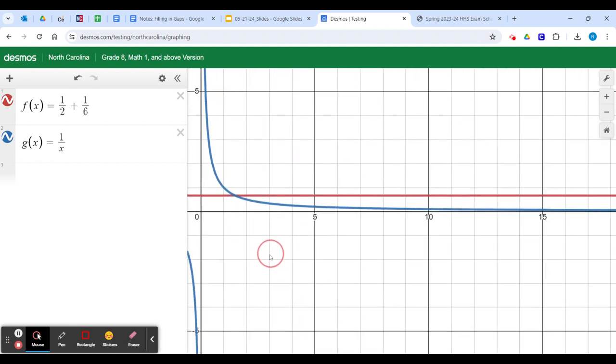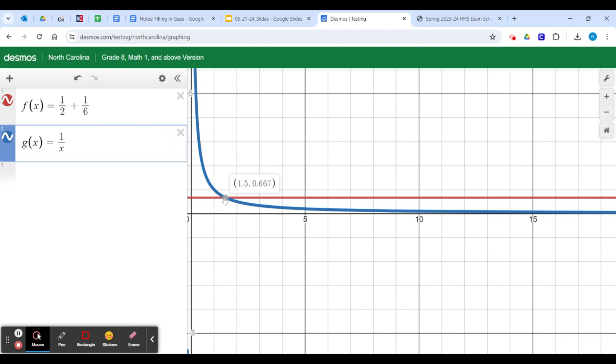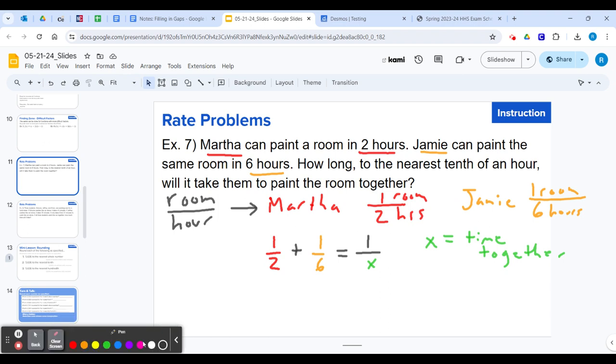I only want to focus on the right side of my graph because we can't have negative time. It looks like it's going to take our x value of 1.5. So it is going to take 1.5 hours in order for them to paint the room together, from the graph.